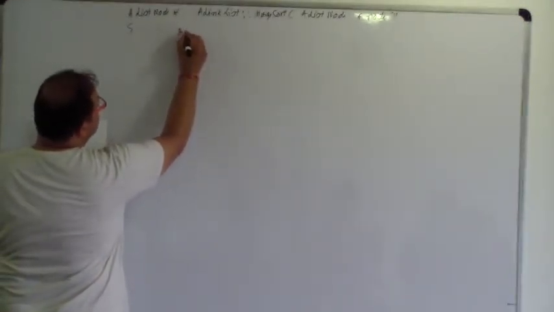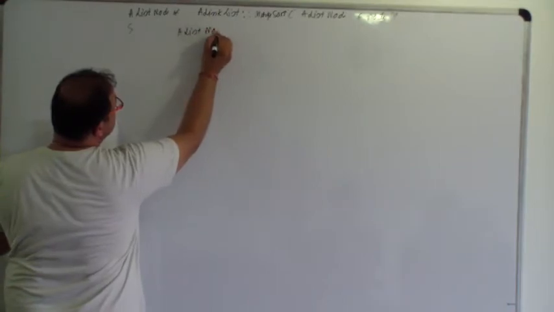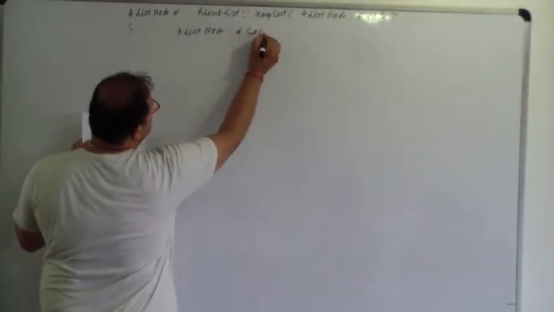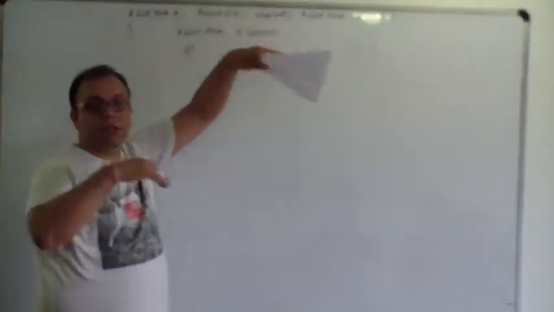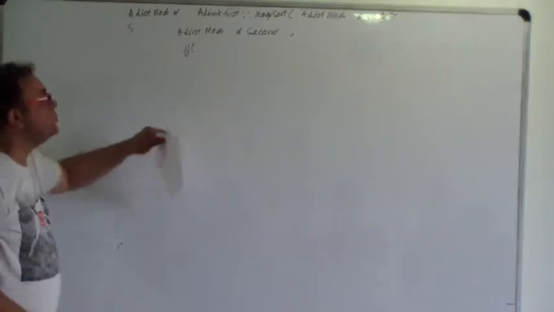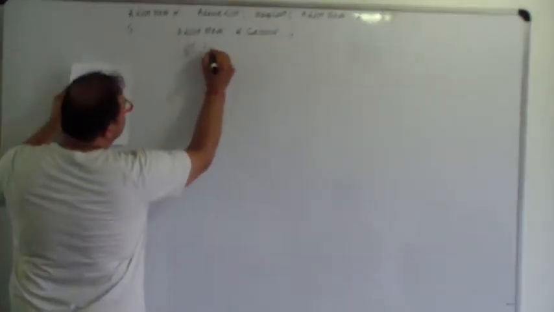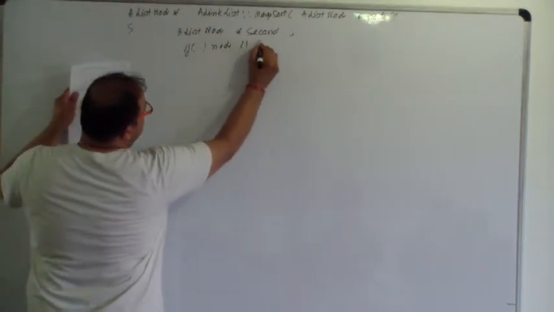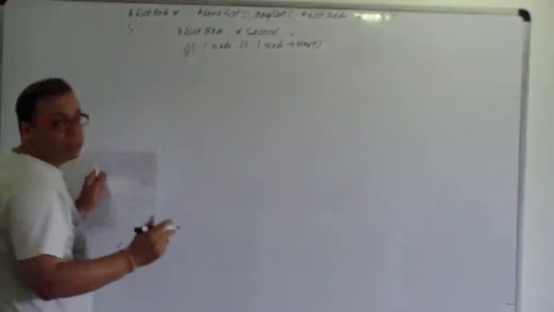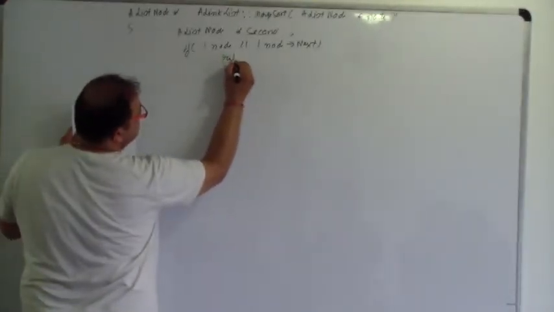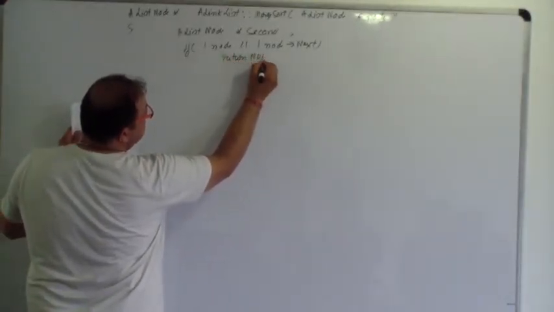Okay. So we will have a ListNode second. So this is the merge sort, the first function that will be called. So we'll take a second part. If not node or not node arrow next, then we just return null.